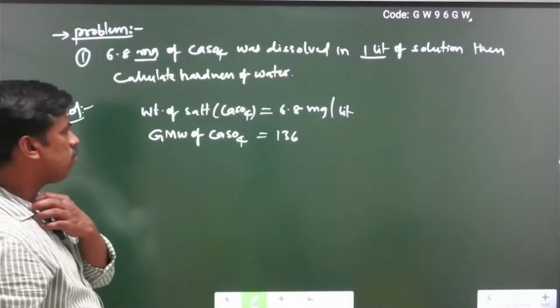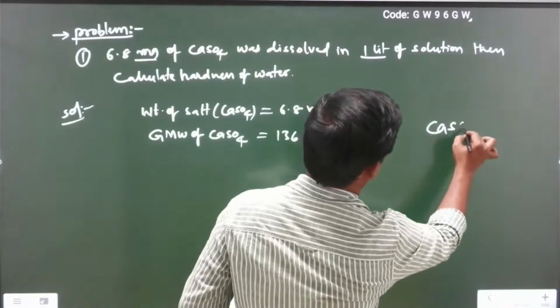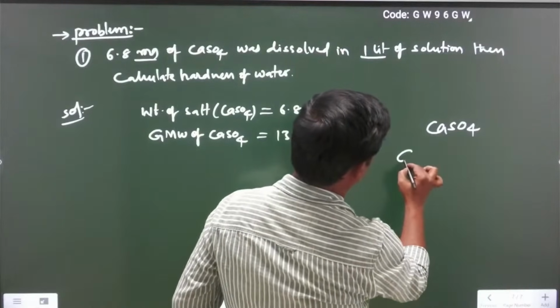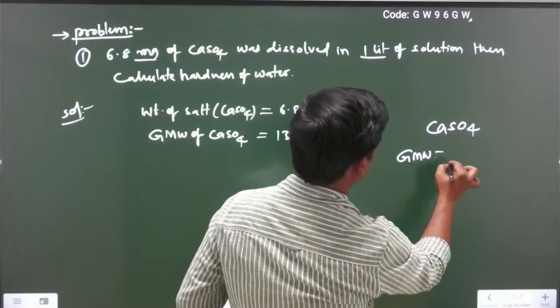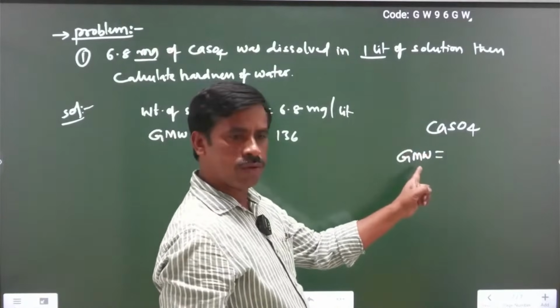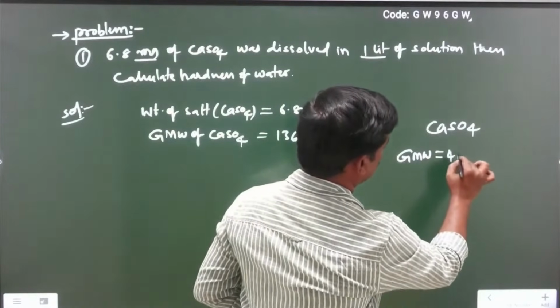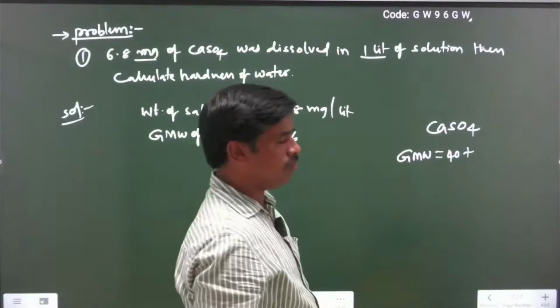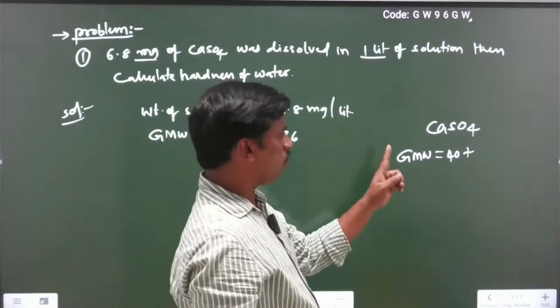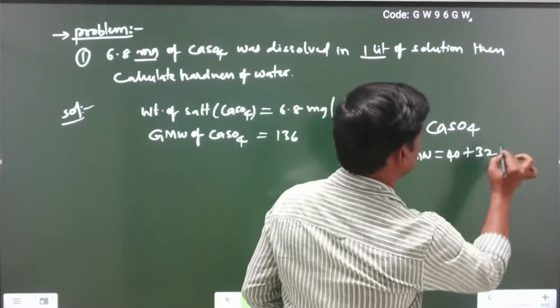How to calculate this gram molecular weight? I am showing how to calculate calcium sulfate GMW. How many calciums are there? Only one calcium, atomic number 20, atomic mass 40. Sulfur, how many? Only one, atomic number 16, atomic mass 32.